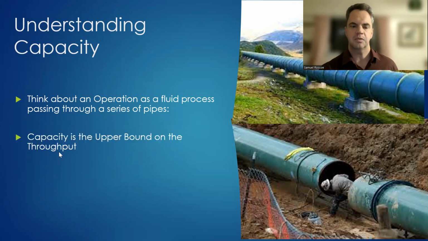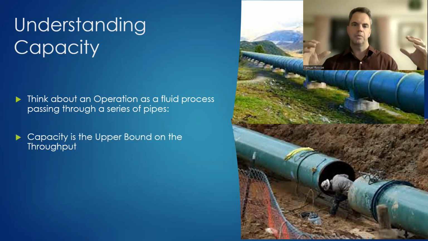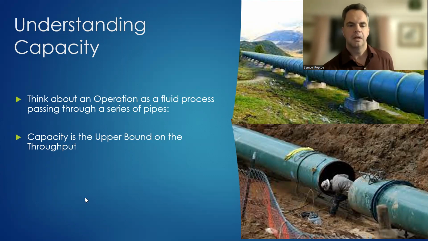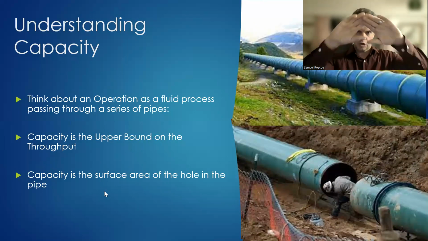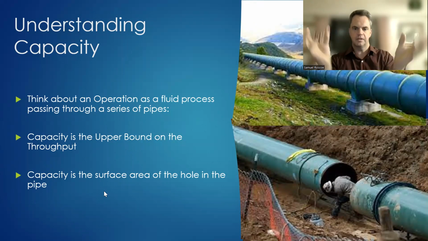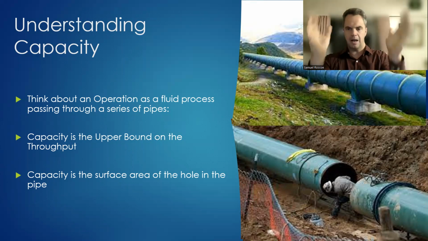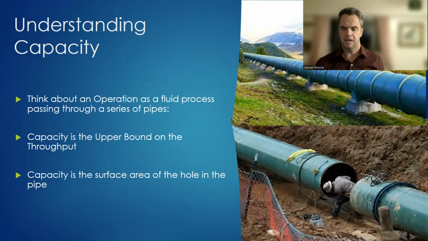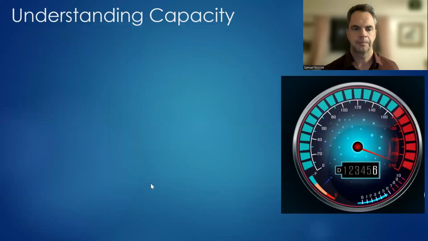When we think about capacity, it is the upper bound on the throughput, basically meaning that in this pipe example, you have the surface area of the actual pipe, that round circumference. That is what the capacity is. So that is the maximum amount of fluid that can move through that particular pipe at any one time. And that is bound by the capacity of the pipe. And you can see that illustrated there.